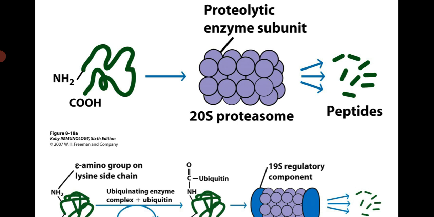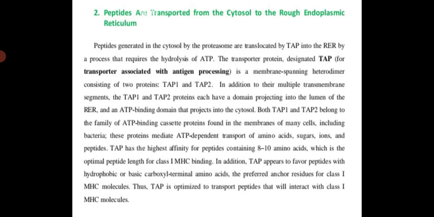It has a larger size. It should be cleaved into short sized peptides, for which it is tagged with ubiquitin. The ubiquitinating enzyme adds ubiquitin to lysine amino acids, and then it gets cleaved by the proteasome into short fragments of the peptide, and these smaller antigens are accessible to load on a class I molecule.